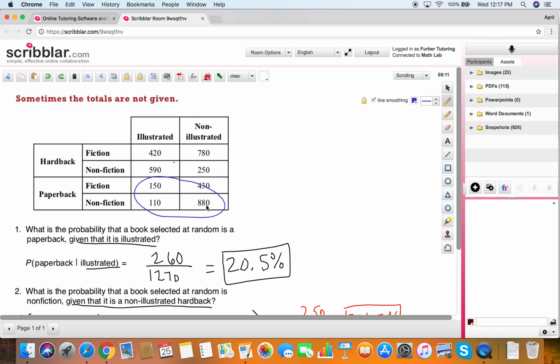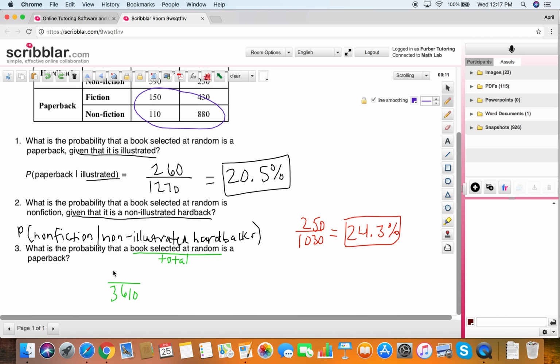Paperback non-illustrated nonfiction books. So when I add those up, those give me a total of 1,570. So that's going to be my numerator, 1,570. And then from there, I just go ahead and do the division, and it turns out to be about 43.5% of the books are paperback. So almost half of the books in the library.